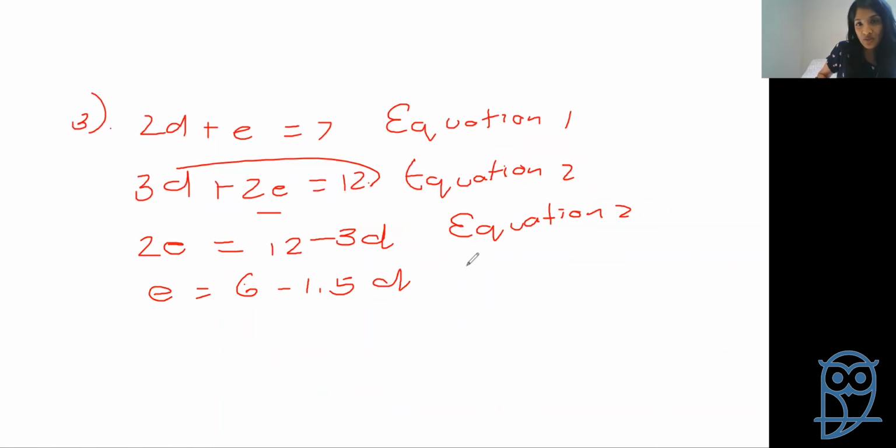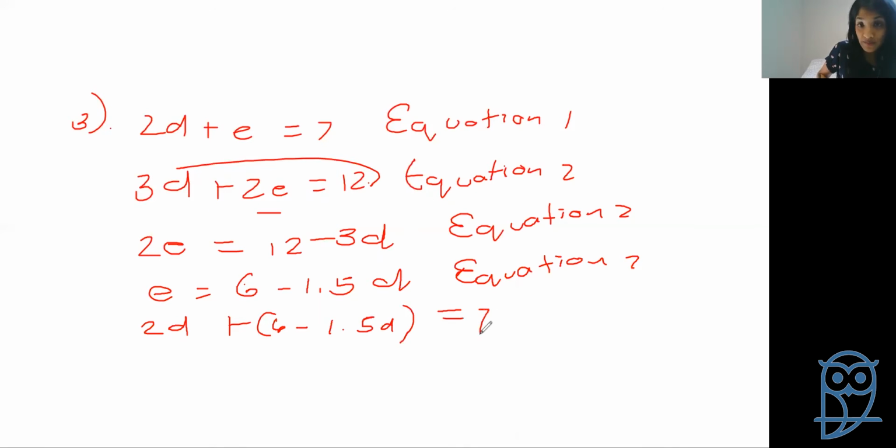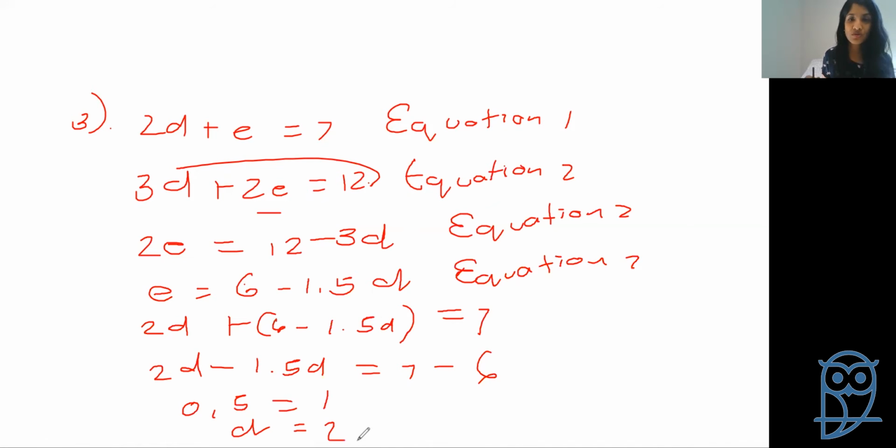And then we're going to substitute equation 2, and we're going to say 2D plus 6 minus 1.5D is equal to 7. And then we're going to say 2D minus 1.5D is equal to 7 minus 6, which is then equal to 0.5D is equal to 1. And therefore, D is equal to 2.